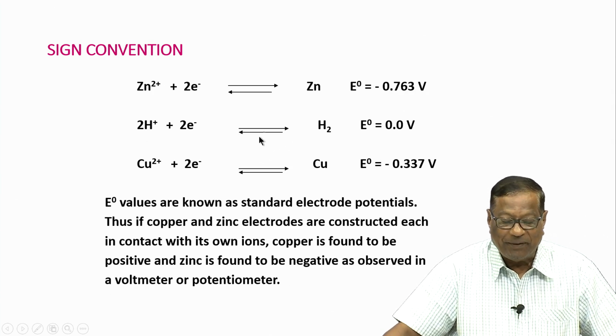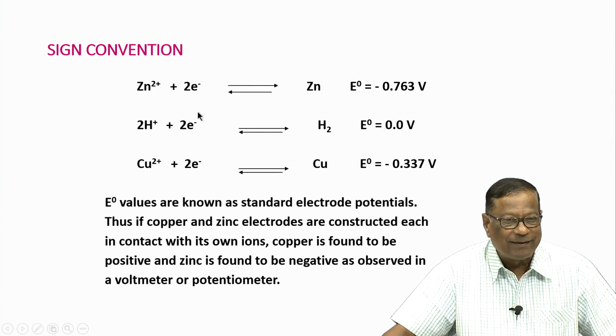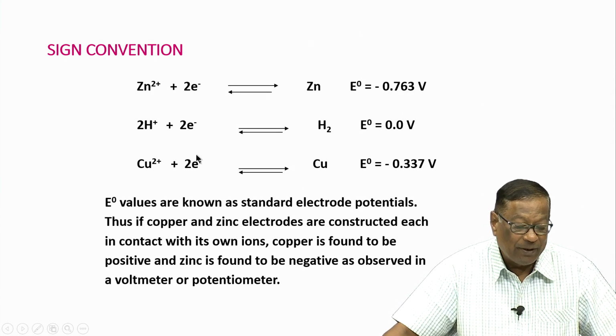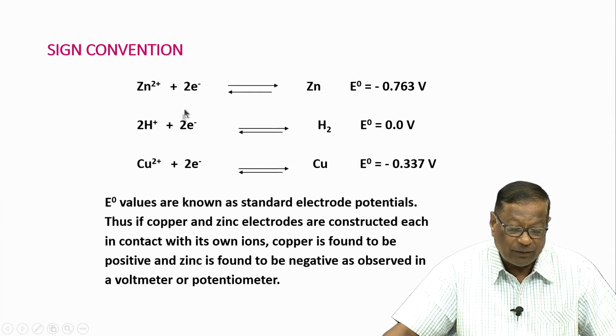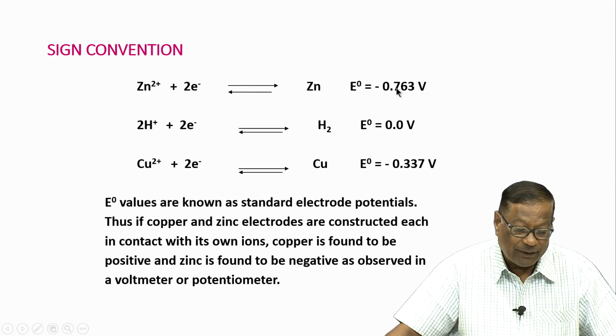So, the writing is only on the reduction reactions. I am not writing both of them, one as positive reaction. Actually, I should write Zn2+ + 2e- going to Zn and Cu2+ + 2e- going to Cu. Okay.